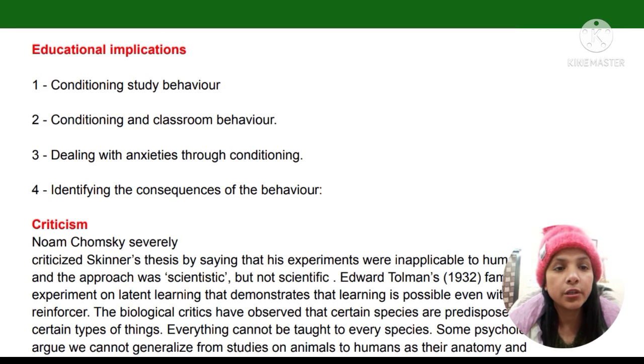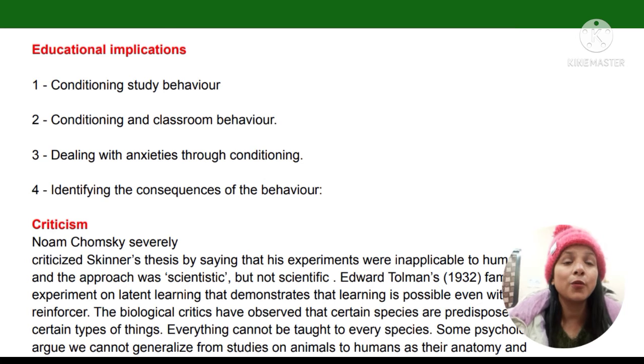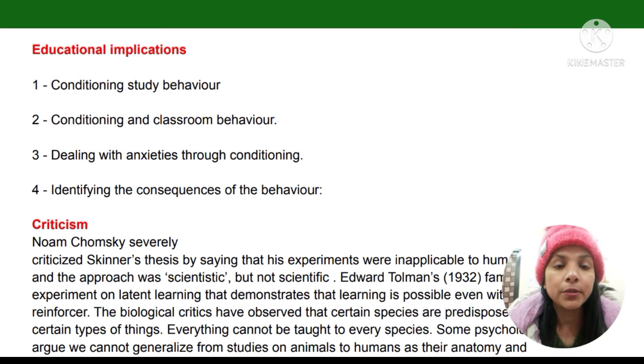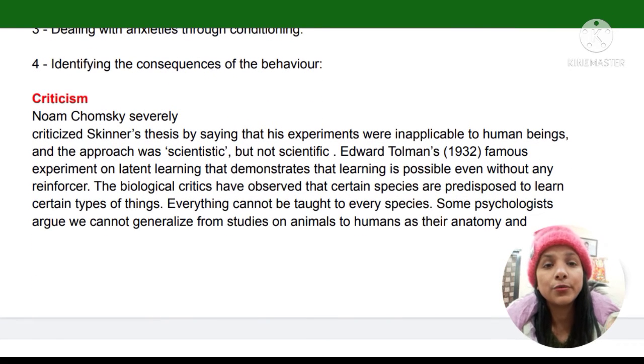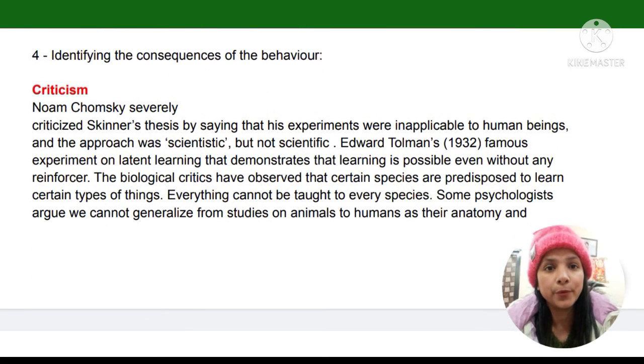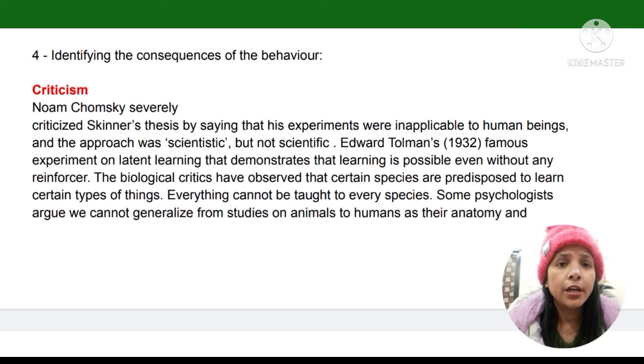The biological critics have observed that certain species are predisposed to certain types of things. Everything cannot be taught to every species. Some psychologists argue we cannot generalize from studies on animals to humans because of their anatomy.